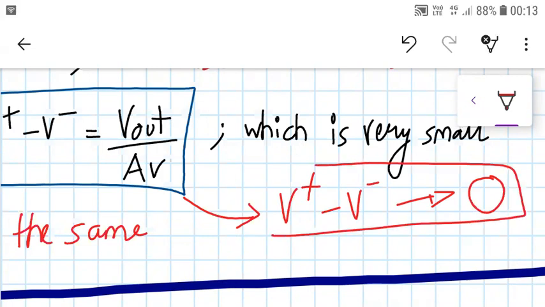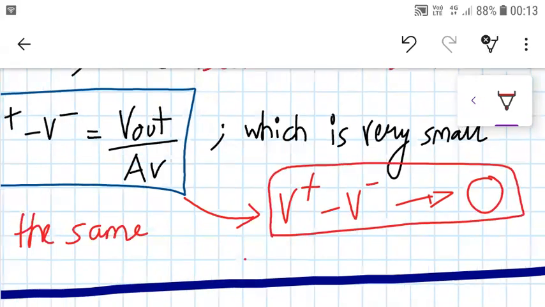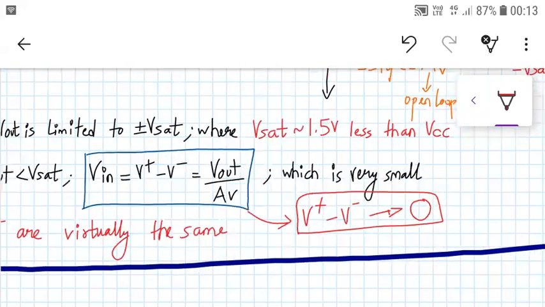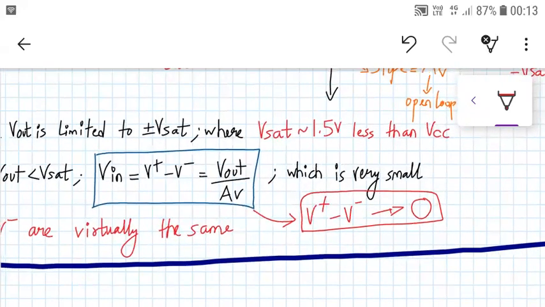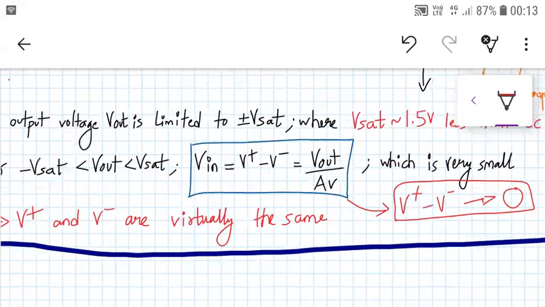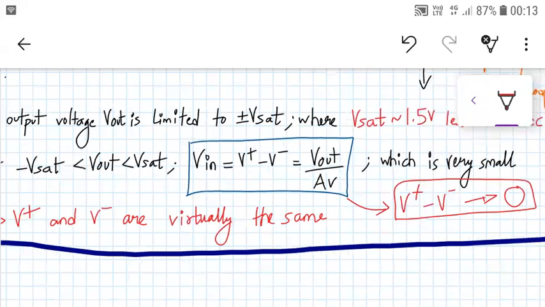This is a very important result which we will analyze shortly. Why is it so? Because AV is around 10 raised to 5, so the ratio becomes extremely small. So we can comment that V plus and V minus voltages are virtually the same for the op-amp. And this condition we will later analyze a little further.